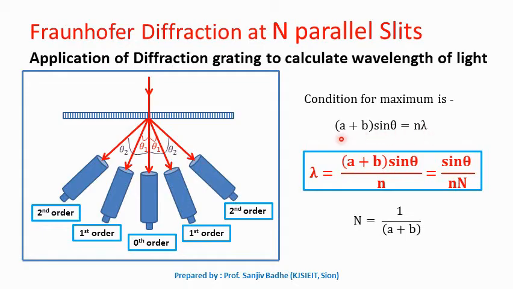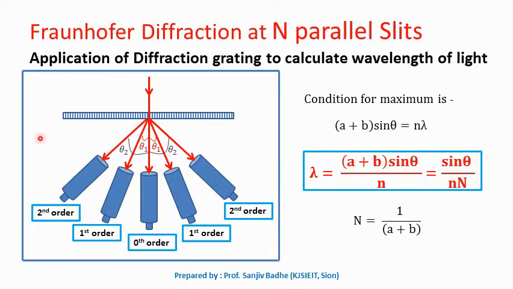Now we can write the relation for λ from this condition, λ equal to (a+b) sin θ upon n, and if you know N is equal to 1 upon (a+b), so λ can be written as sin θ upon nN, where this N is number of lines on the grating per centimeter. a is width of the slit, b is width of the separation, so a plus b is grating element.